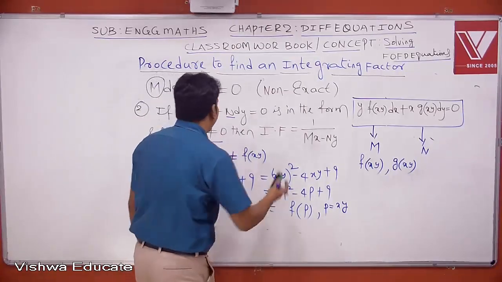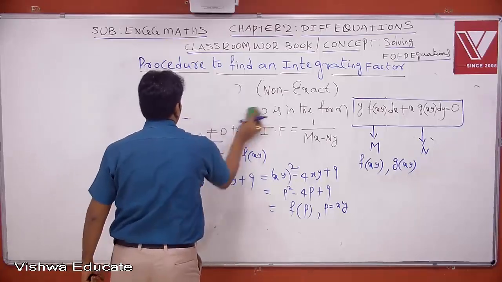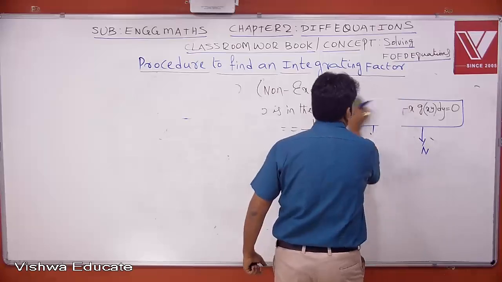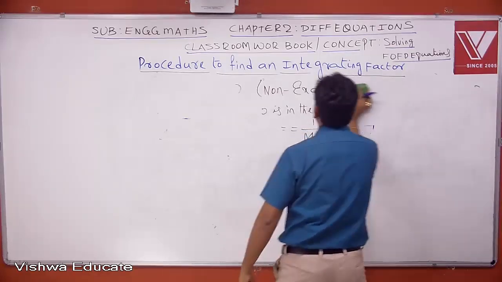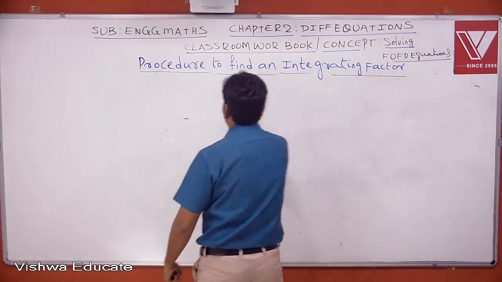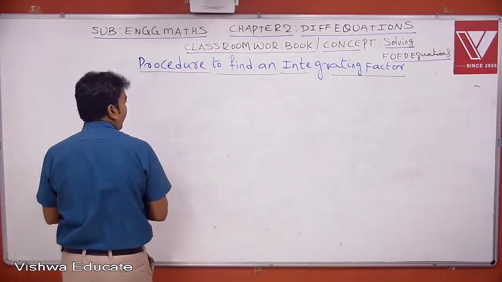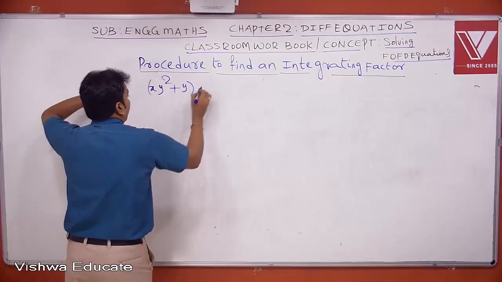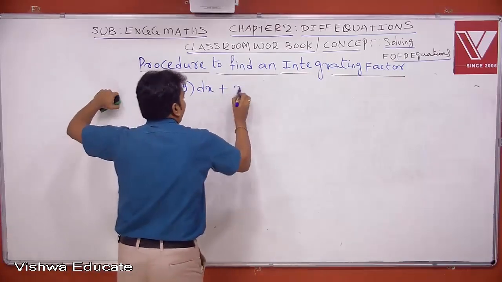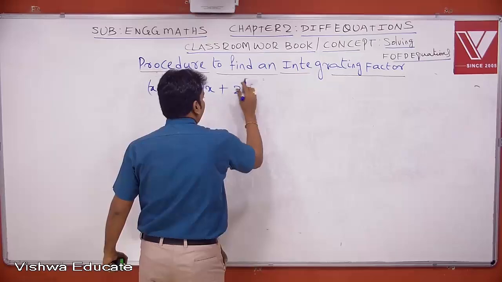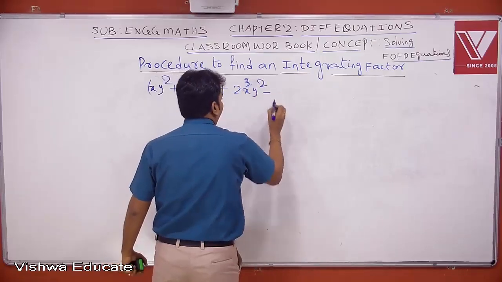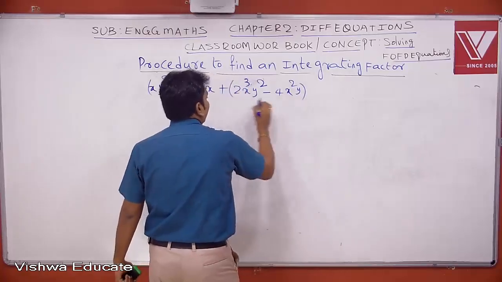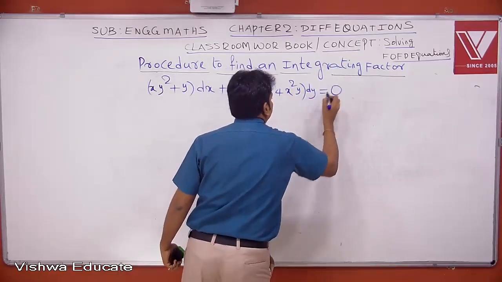Now let us work out an example in this case. Suppose I have an equation xy square plus y dx plus 2x cube y square minus, for example, 4x square y dy equal to 0.